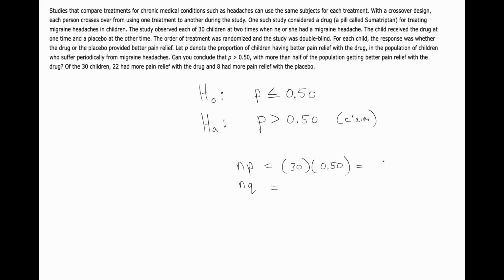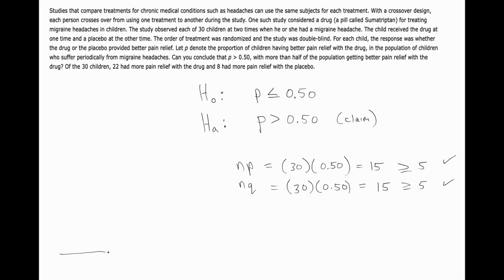That's going to come out to 15. NQ will be 30 times 0.5 as well. So that is also 15. These are both greater than or equal to 5. Therefore, the assumptions of a z-test are met here. We can do a z-test on it.